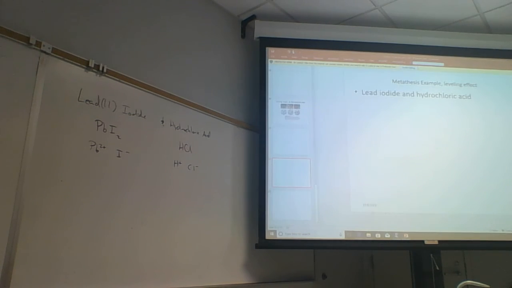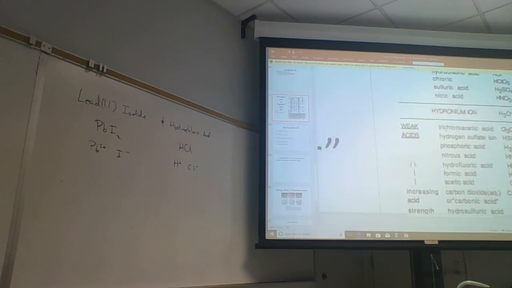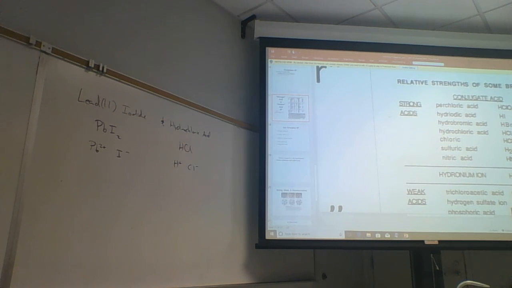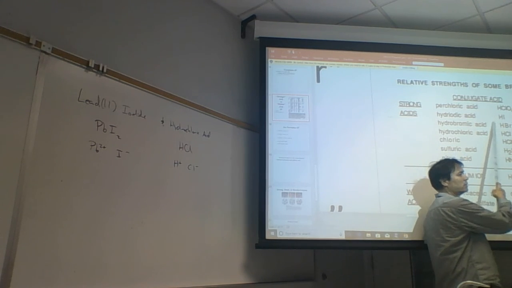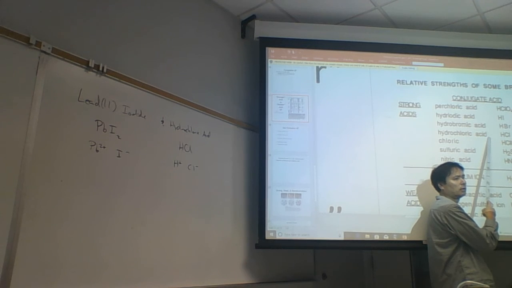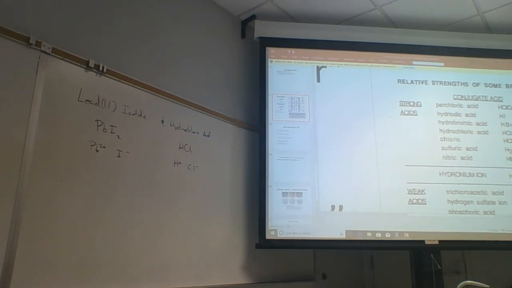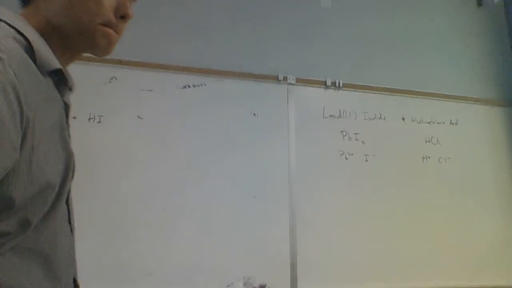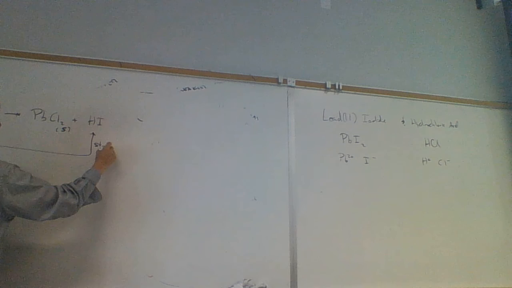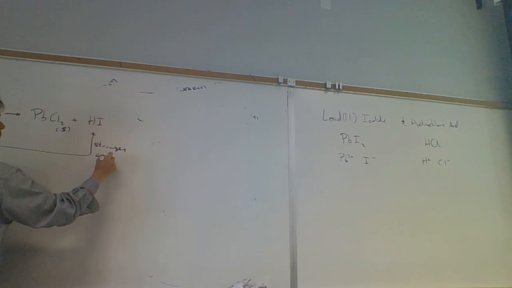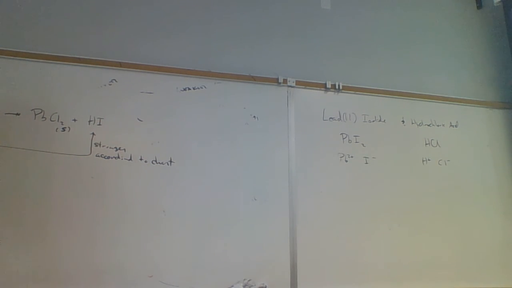Okay, so if we go back to this one, let's take a look. If we look at this one, it appears that HI is indeed a stronger acid than HCl. Stronger according to the chart.